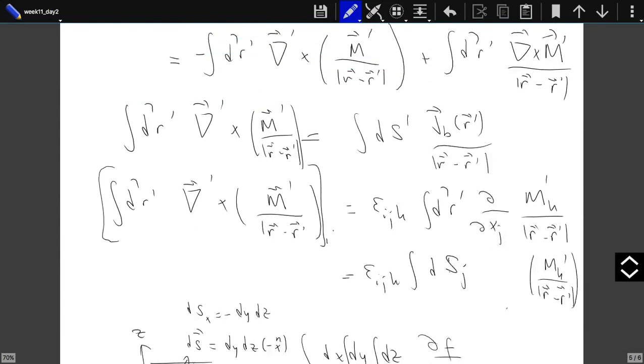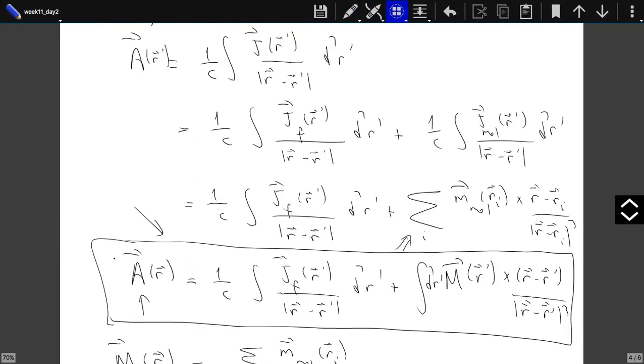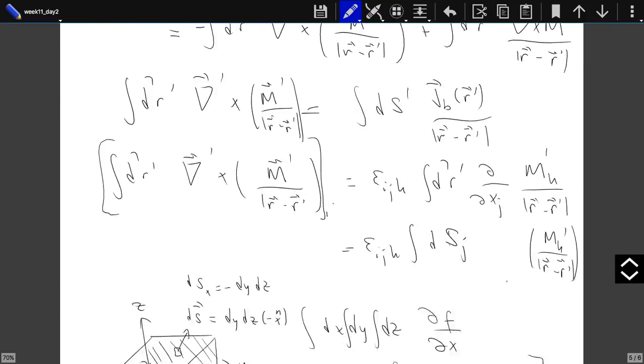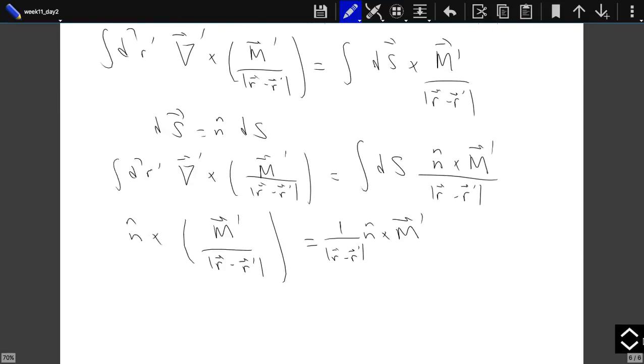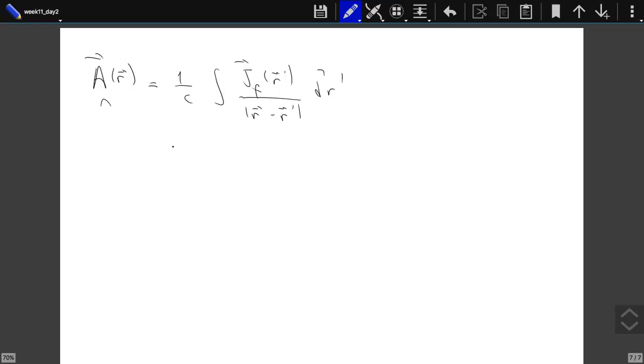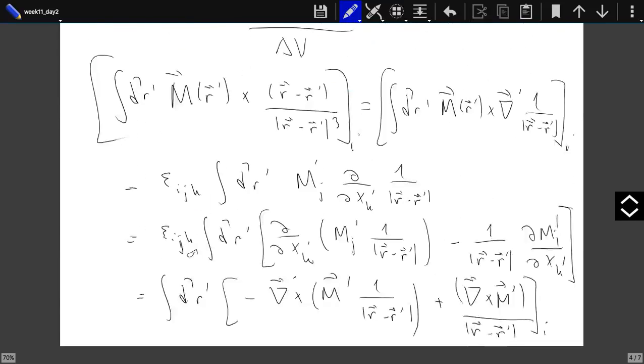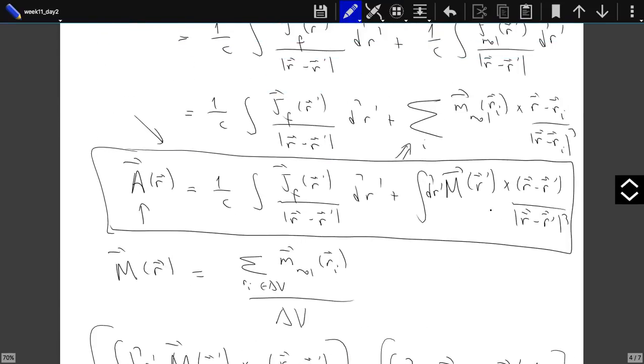Okay, so let's sum up. You see, we were writing this vector potential. There is one part from the free current running in my system. Then there is this second part, due to the magnetization of my system.